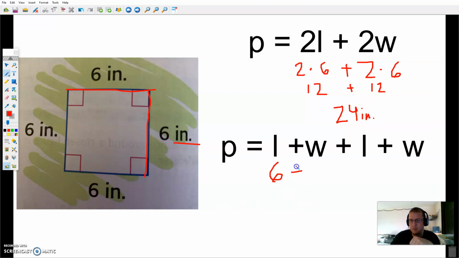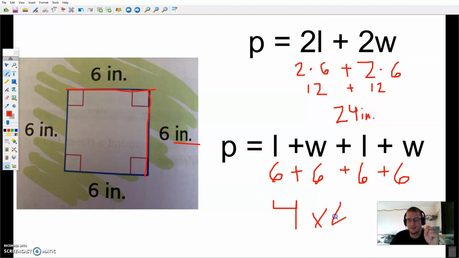6 plus 6 plus 6 plus 6. Now I want you to notice something if your rectangle happens to be a square. I have here very repeated addition in this problem. 6 plus 6 plus 6 plus 6. So that is 4 times 6.